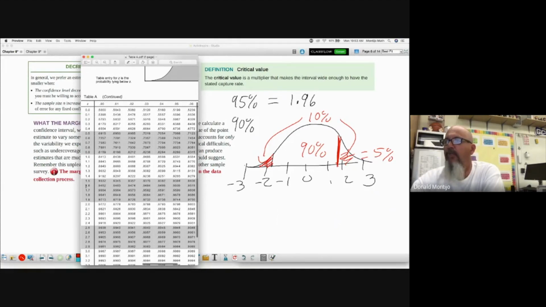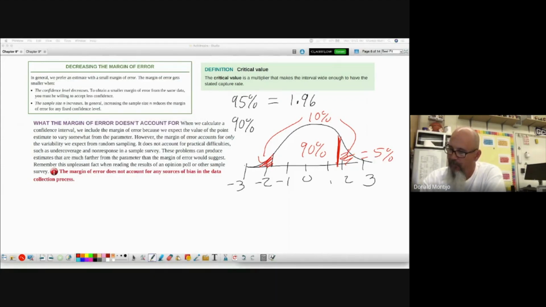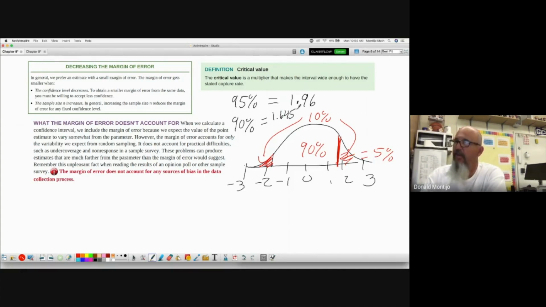So it's halfway between 1.64 and 1.65. So at 90%, the multiplier or the critical value would be 1.645. And I could repeat this process to be 80% confident, to be 99% confident.